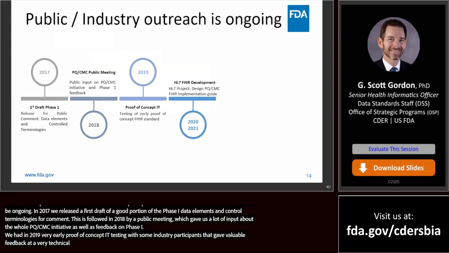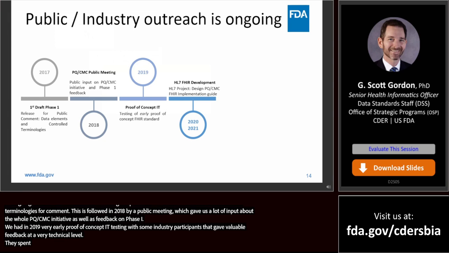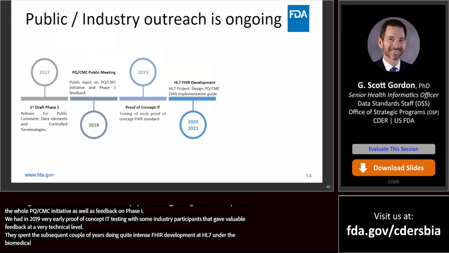We spent the subsequent couple of years doing quite intense FHIR development at HL7, under the Biomedical Research and Regulatory Work Group, which is the sponsor of this work at HL7, and developing the FHIR implementation guide.